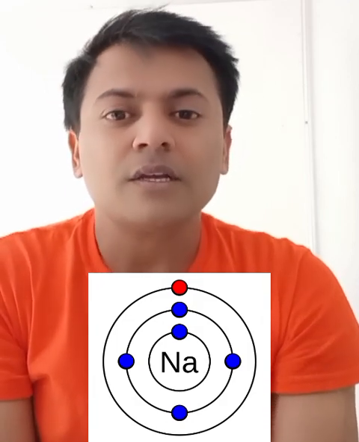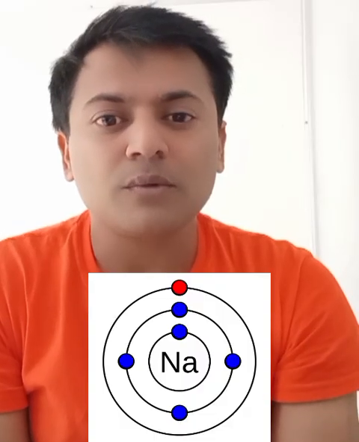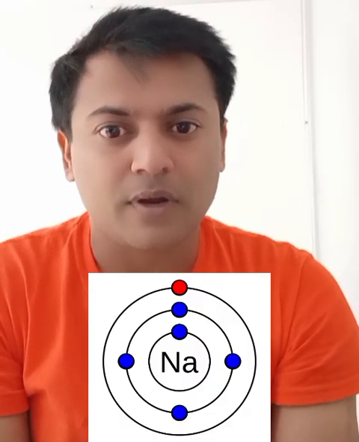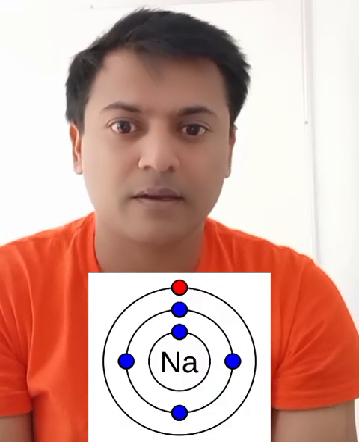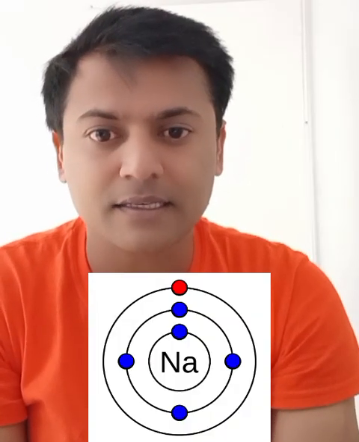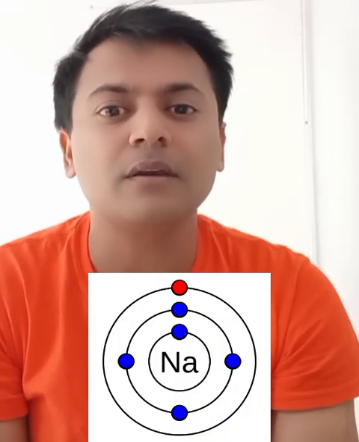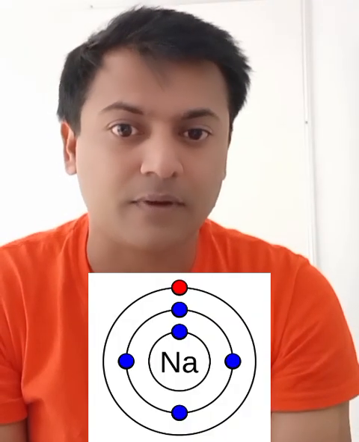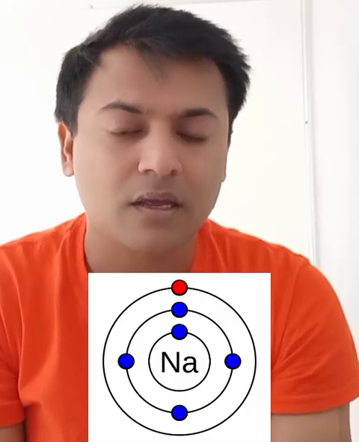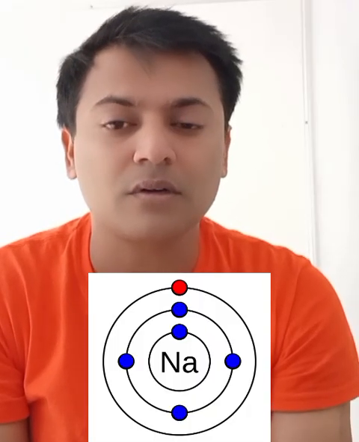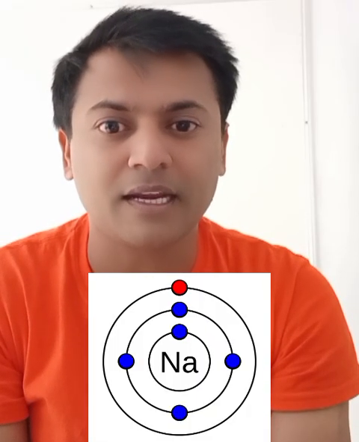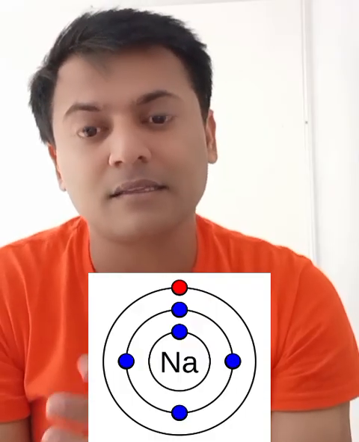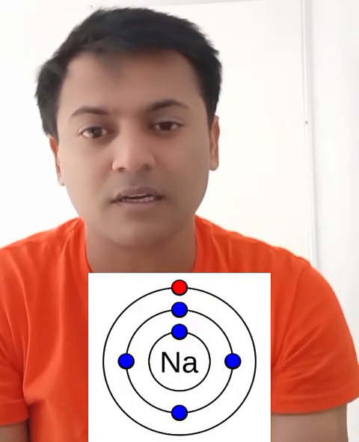So if we need to remove another electron from sodium in the gaseous state, the energy will increase when we remove the second electron. It would be around 700 to 800, and the next, third one should be around 1400.